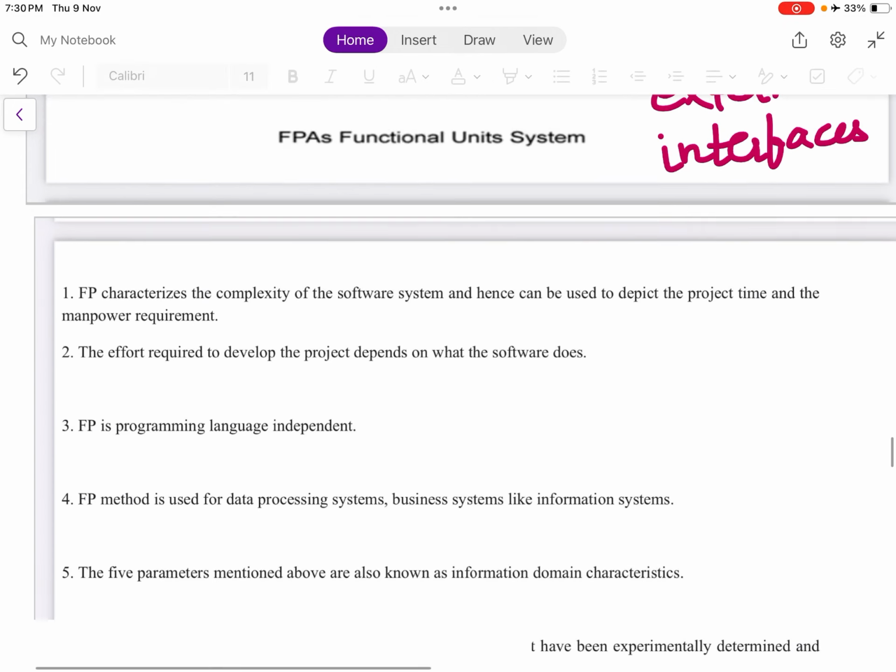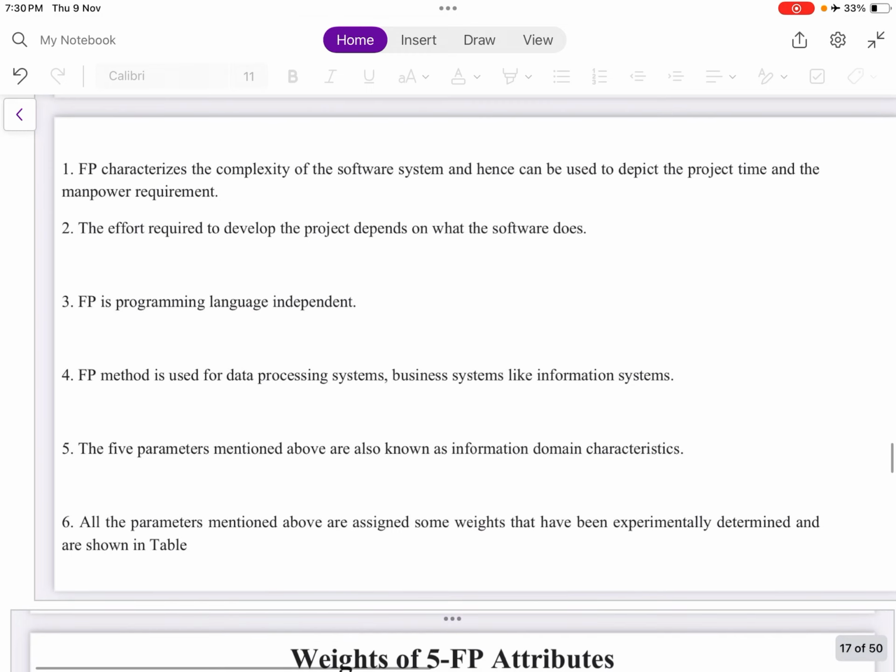This is the figure. Now, FP category size. FP categorizes the complexity of the software system and hence can be used to depict the project time and the manpower requirement. The effort required to develop the project depends on what the software does.